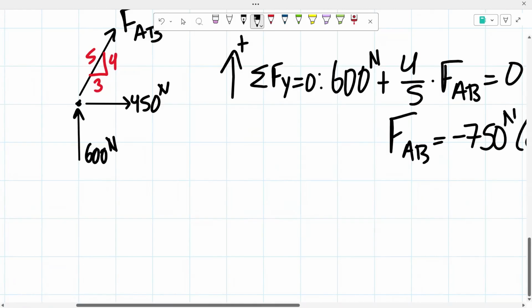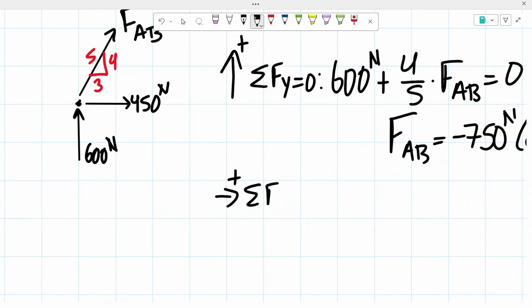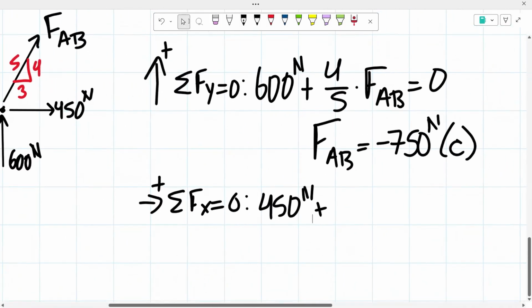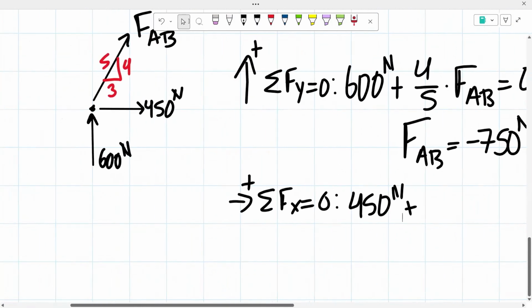From there, let's say if you would have taken the sum of our forces in the x direction, what you would have done is we have 450 newtons going to the right, positive. And then once again, we assumed that this was going to be in tension. So as you guys could see, that's leaning slightly towards the right. So again, positive force.